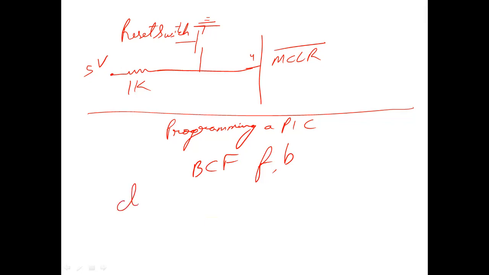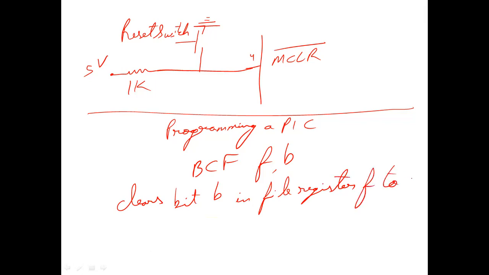This clears bit B in file register F to 0, right? So what it does, it clears bit B in file register F. F is a file register, to 0.